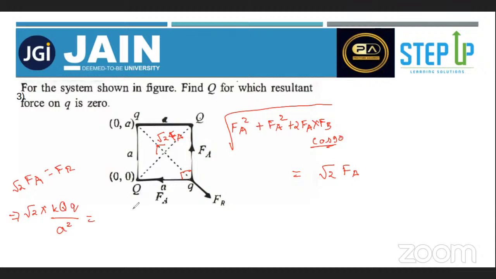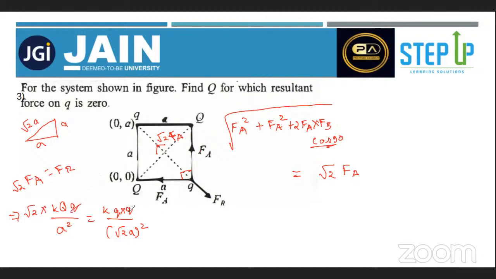For this particular charge, I'll write K Q into Q upon the distance from here to here, which is the diagonal of the square. The diagonal is root 2 A whole square. I hope you know how to find this using Pythagoras theorem: A square plus A square under root, so this is root 2A.